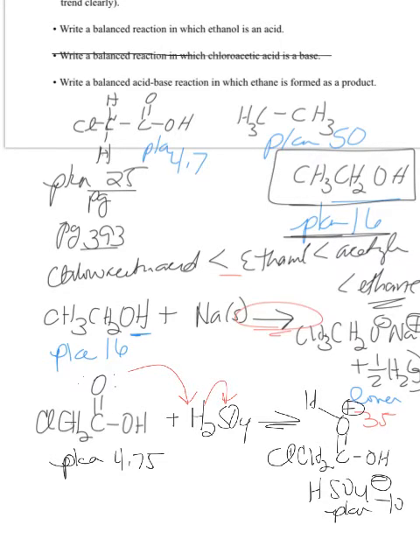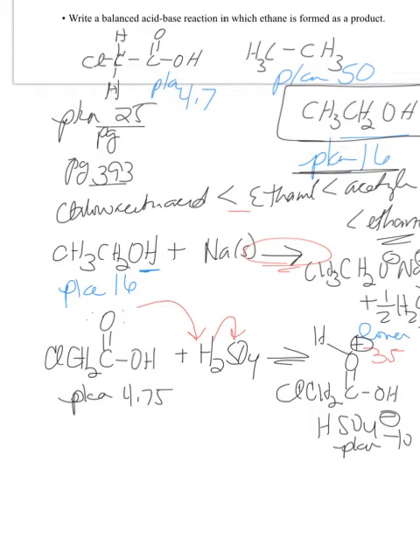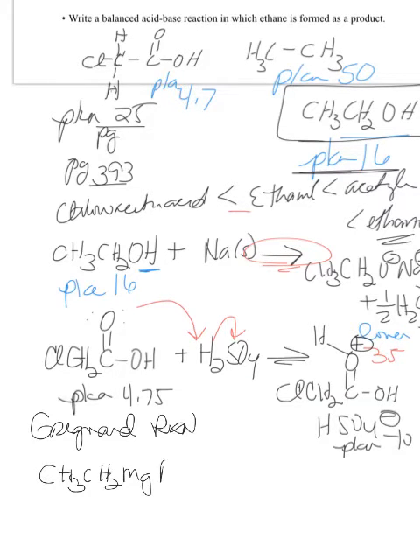Okay, write a balanced acid-base reaction in which ethane is formed as a product. So this is a classic reaction, and you need to know this, the Grignard reactions. A Grignard reagent would be like CH3CH2 magnesium bromide.